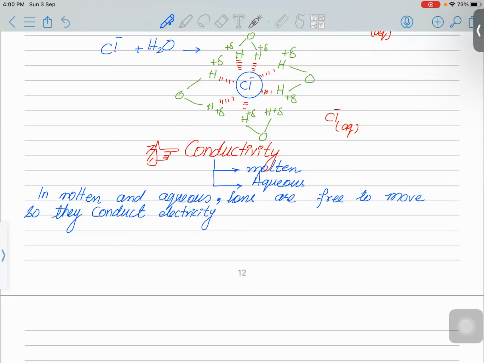Otherwise, the lattice does not allow ions to move.